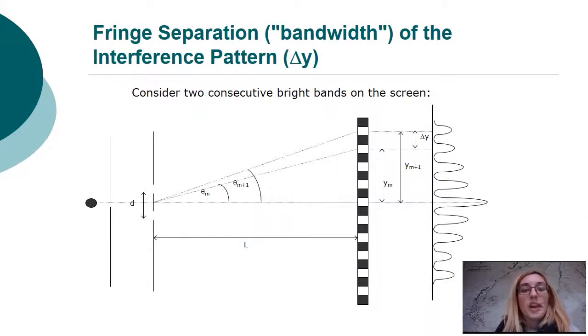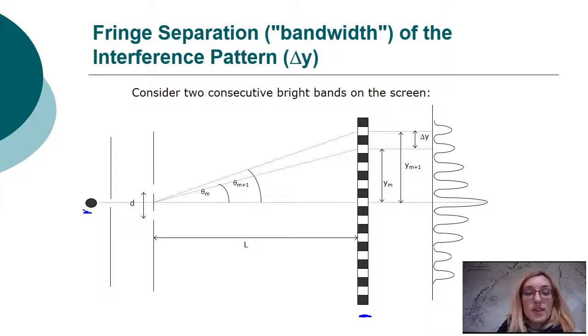The next thing we have to be able to derive is a formula for the fringe separation, or the bandwidth of our interference pattern, which is also denoted delta y. Here's another interpretation of a Young's double slit experiment, where we've got our light source going through a single slit, then passing through a double slit, and our screen over here.